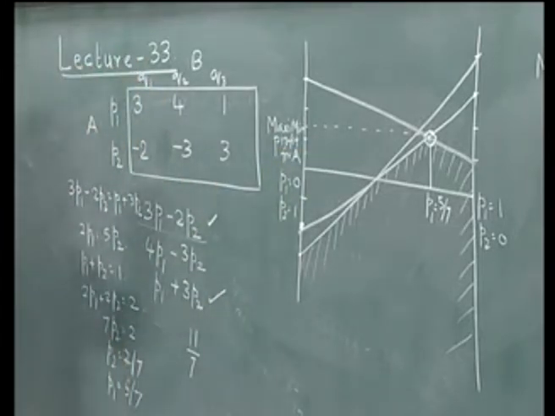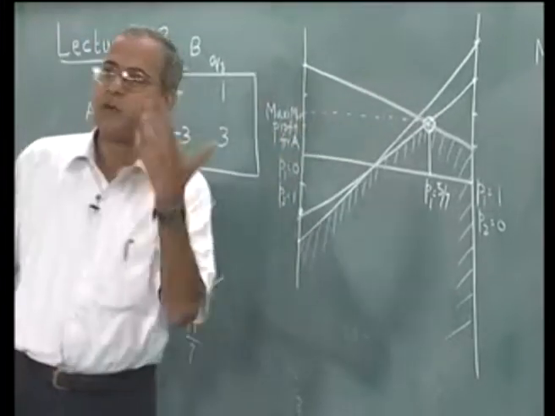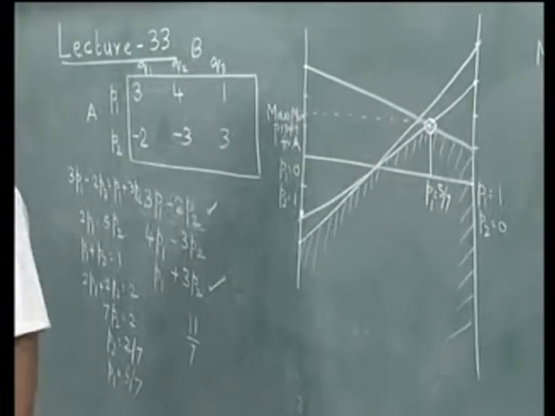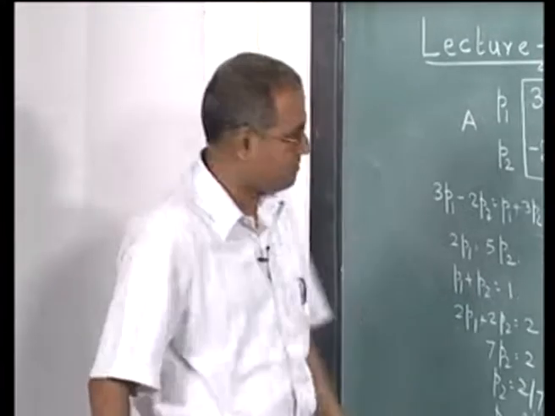Now, in this instance, it turns out that the maximin payoff or profit for A is positive. It is not absolutely necessary that the payoff for A should always be positive. Payoff for A can be negative, which means payoff for B can be positive.